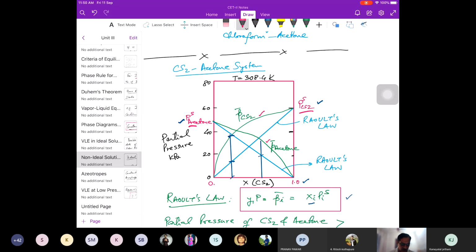So the pure component vapor pressures are given, and if you join 0 with this, you get a straight line which is essentially Raoult's law, which says that yi into P is equal to xi into PiS. Right? So partial pressure is this one.